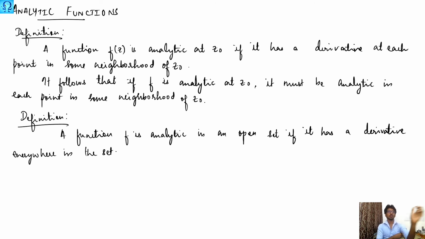If you make the union of these neighborhoods, that would form a neighborhood of all those points inside the set itself. So the entire set can be treated as a neighborhood of all the points of the set. If the function possesses derivative at all the points of a set, then we simply say the function is analytic in that particular open set.